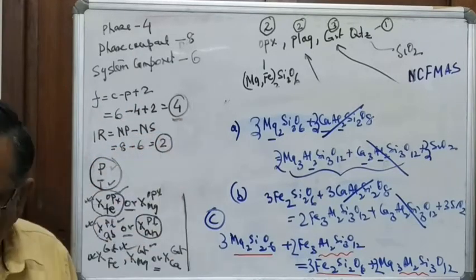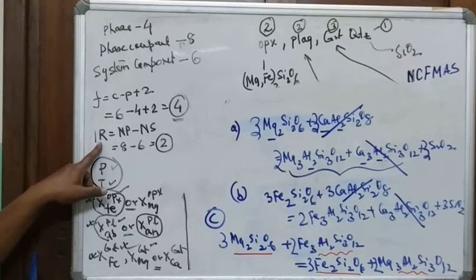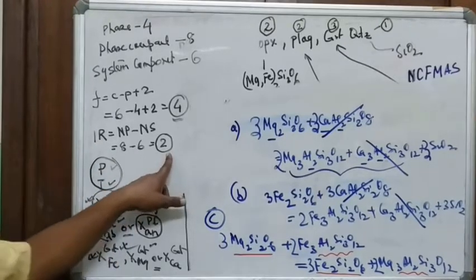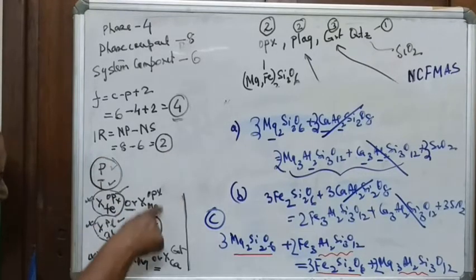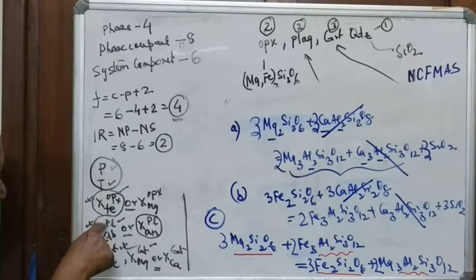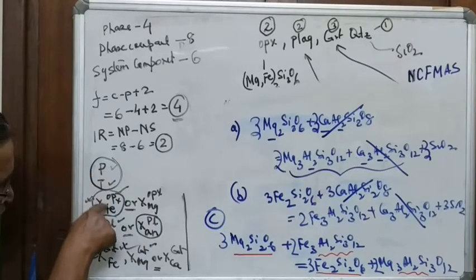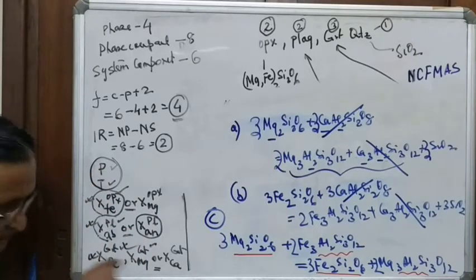It says 4 input data, but we also saw number of independent reactions here is 2. So this means, and there are 6 metamorphic variables here: pressure, temperature, composition, 1, 2, 3, 4, and 2 of them.